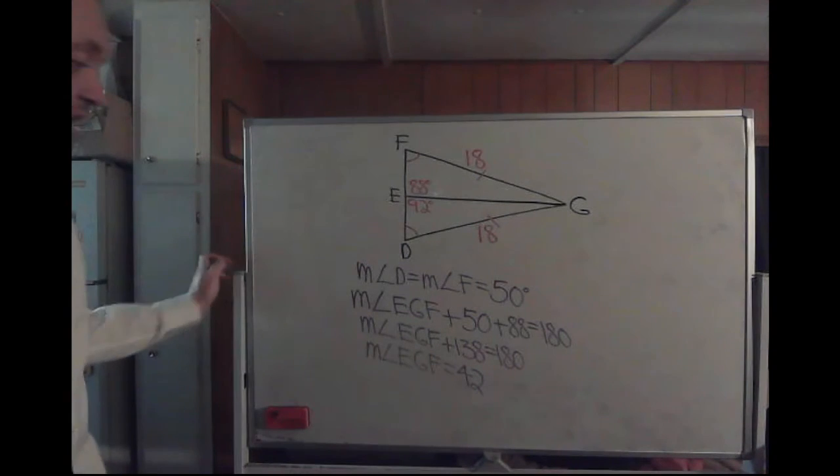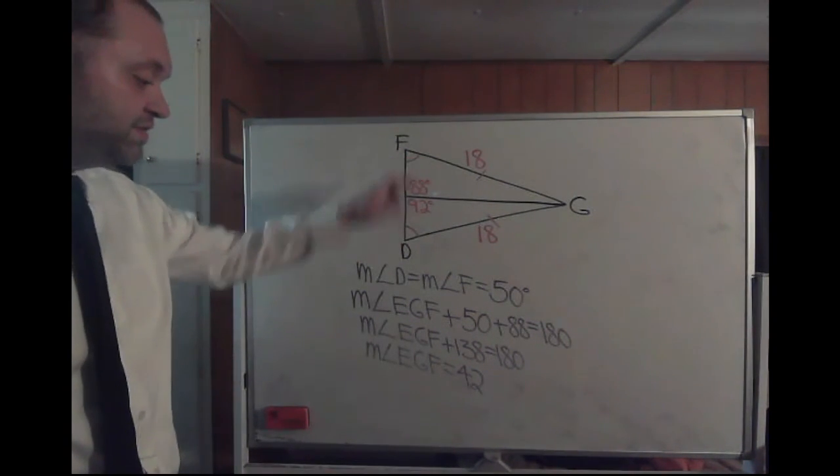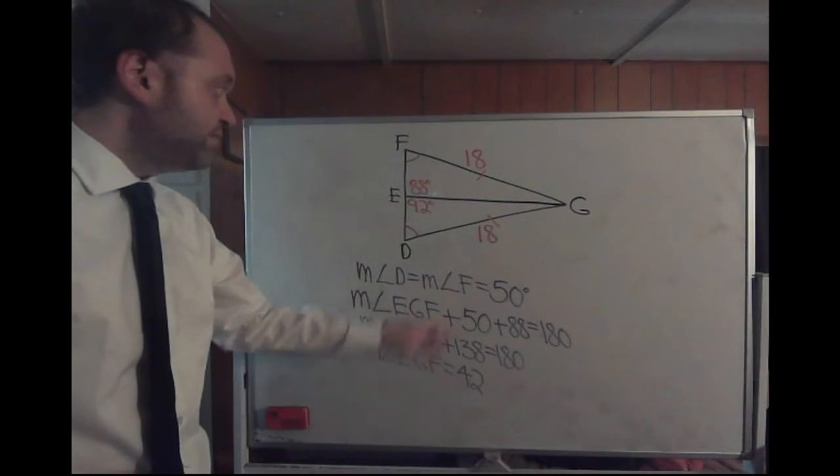So if we assign this angle 50, the measure of angle EGF would equal 42.